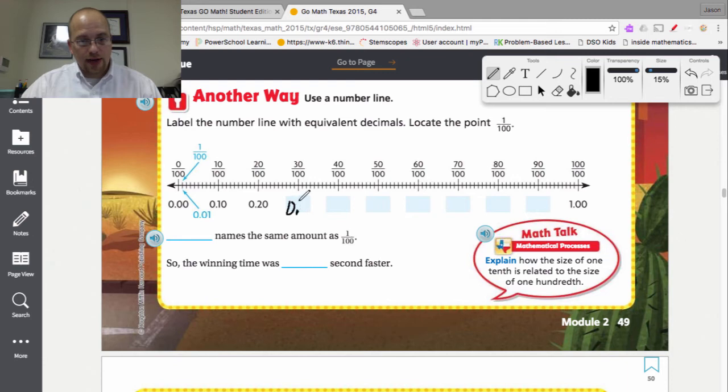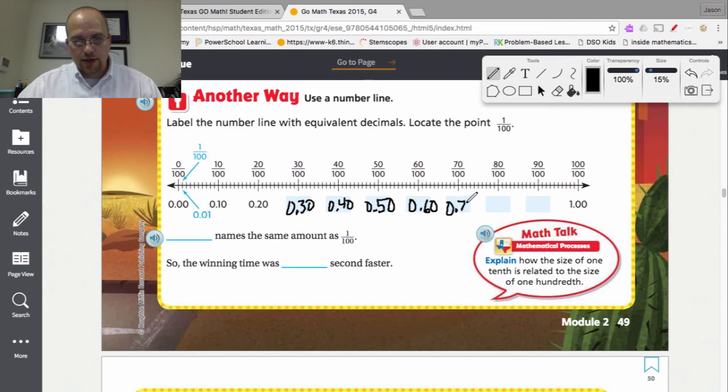And we have the same thing here at 20/100ths, and we can go on down the line. Here's 30/100ths, and there's 40/100ths. There's my decimal, 50/100ths, 60 hundredths. And you can see how this is going.